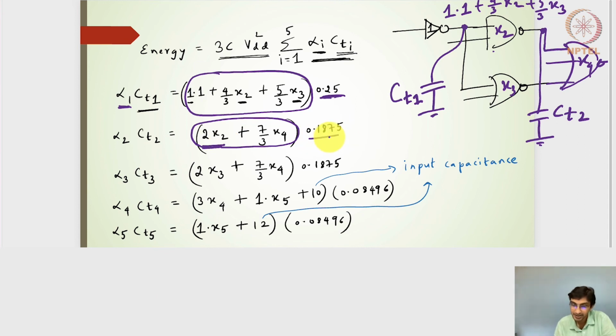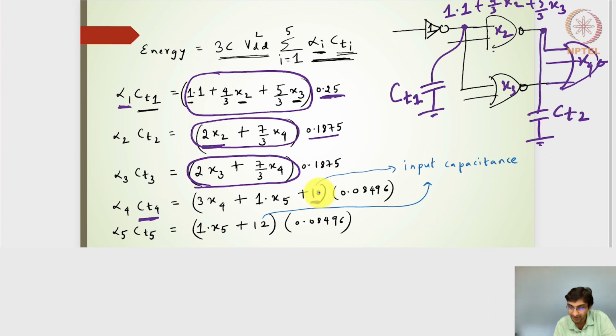This is what I have for both x3 and x2. So I have 2x3 plus 7/3 and x4 multiplied by 0.1875. Then CT4, which is the total capacitance at the output of this 3-input NOR gate. Remember that this goes to the inverter, as well as it has a physical capacitance of 10, a normalized 10 capacitance.